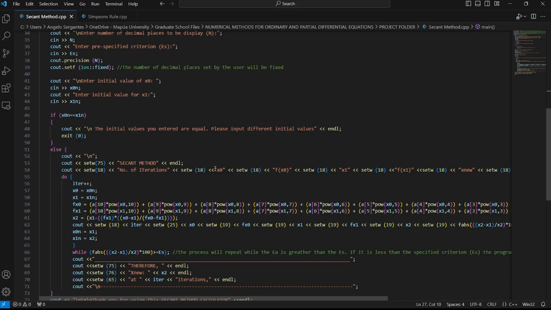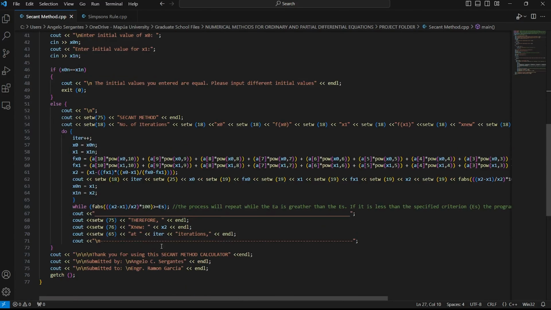It will present to you the number of iterations, which depends on the process. If the percentage error is greater than the specified ES the user wanted, then the iteration will still continue.